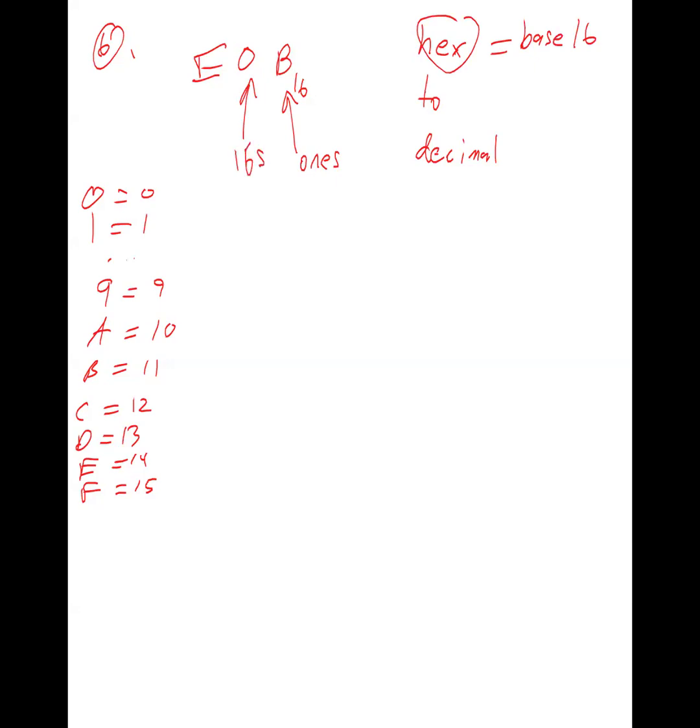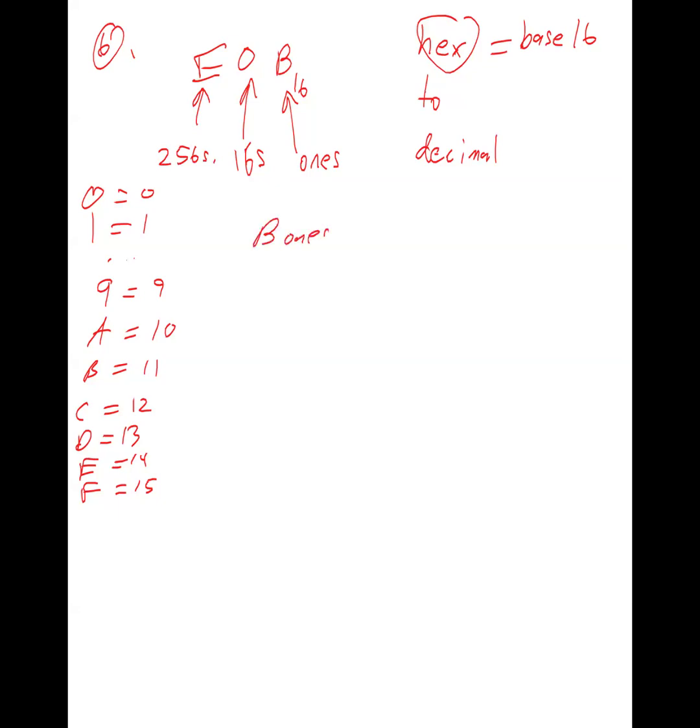And the next place represents that times itself. Just like the hundreds place in the decimal system is 10 times 10, the hundreds place in the 16 system is 16 times 16. So what is 16 times 16? That's the 256s place.